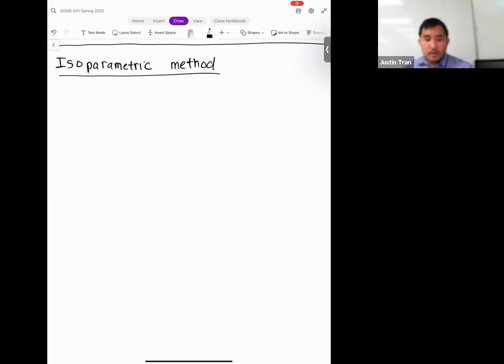Just to recap, the isoparametric method is basically what a lot of modern finite element codes are built on.